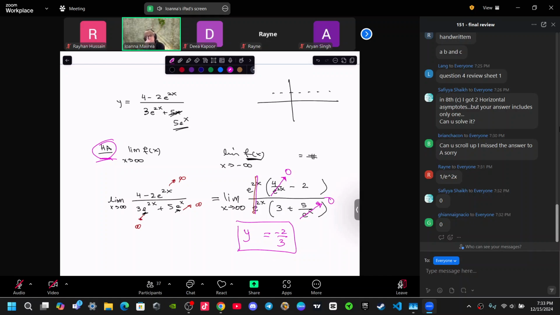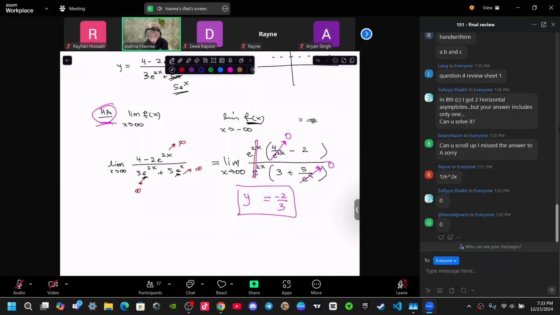So by the way, the exponential function, whether it's y equal e to the x or y equal e to the 2x or e to any number of positive x's, the graph looks like this. So when x goes to infinity, e to the x goes also to infinity. When x goes to negative infinity, e to the x goes down to 0. The y coordinate goes to 0, right?